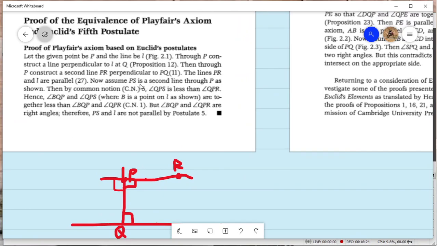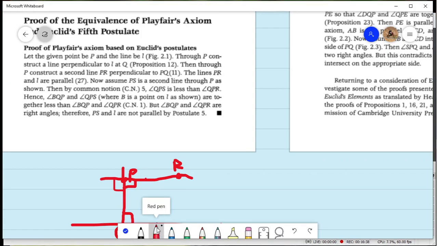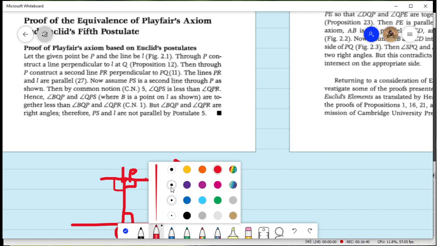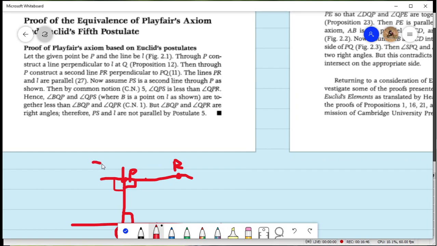Okay. Now assume PS is a second line through P. So suppose there is another line PS through P. Okay, so here is S. Then, by common notion number 5, the whole is greater than the part.